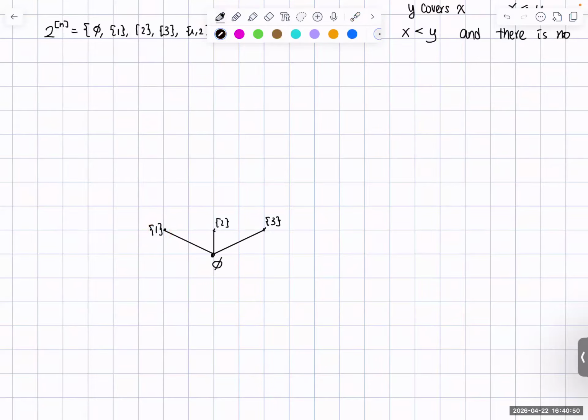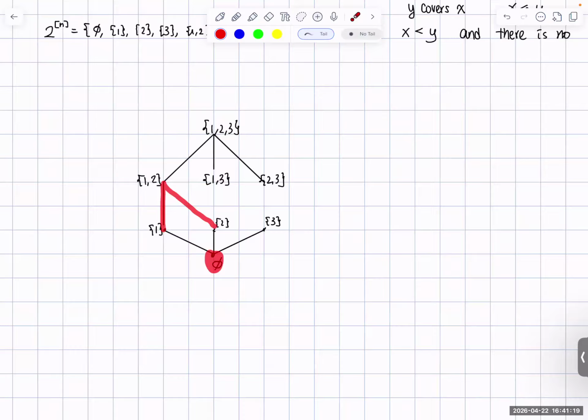And then we have, for example, {1,2}, {1,3}, and {2,3}, and then {1,2,3}. And so we have something like this, and this, and this, because we do the covering relation by looking at the inclusion, like the order by inclusion. So for {1,2}, the subsets are {1} and {2}, and also the empty set. So we just need to line it up like this. And then {1,3}, you have this and this. And then {2,3}, you have this and this.